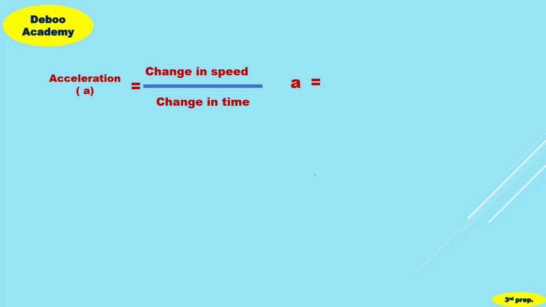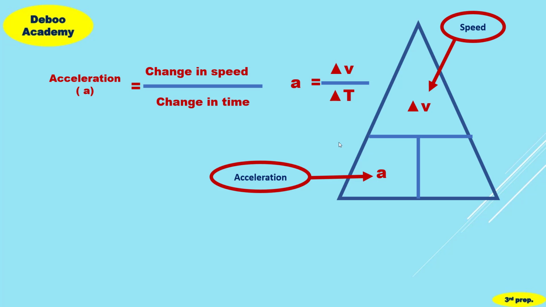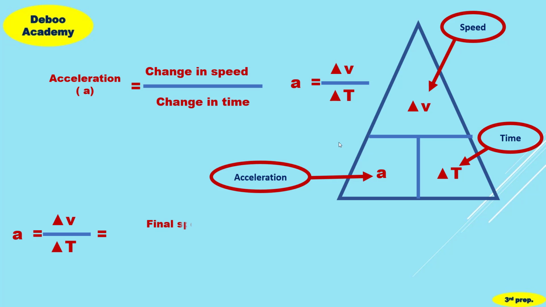A equals delta V over delta T. If we put it in a triangle, this is A, acceleration, and this is delta V, change in speed, and this is delta T, change in time. So A equals delta V over delta T equals final speed V2 minus initial speed V1 over the change in time.